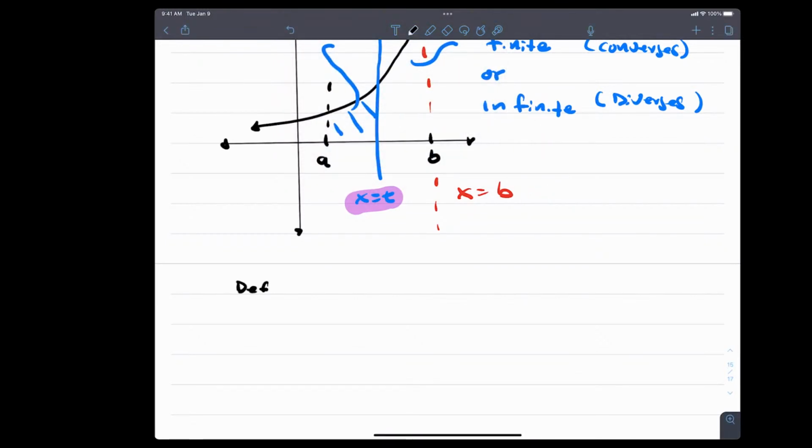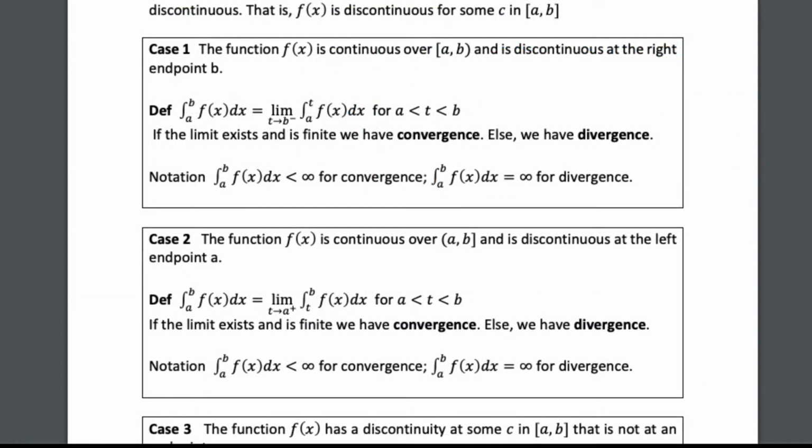It's really based on that picture. The integral from a to b of f of x dx is the limit, take a look at what I wrote here for the definition, as t goes to b from the left side of the integral from a to t of f of x dx.